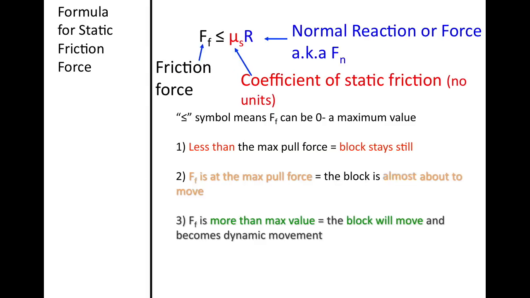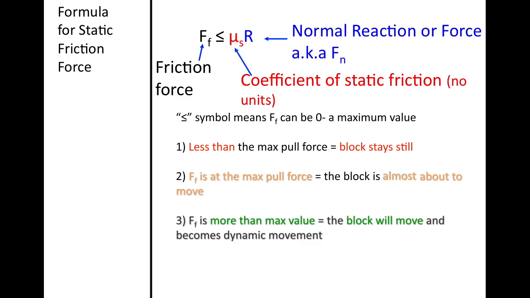There is a formula for static friction, and this is denoted as friction force is less than or equal to mu, the coefficient of static friction. There are no units, and it is multiplied by R, which is the normal reaction force, also known as F sub n for normal force.